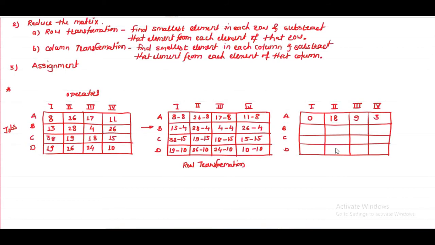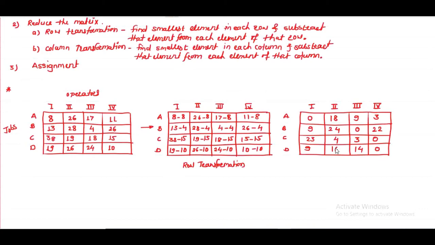Similarly for the remaining elements: 9, 24, 0, 22, 23, 4, 3, 0, 9, 16, 14 and 0. So this is the output of the row transformation operation.